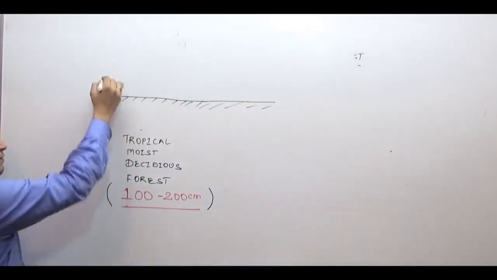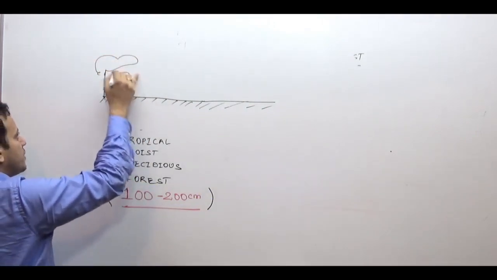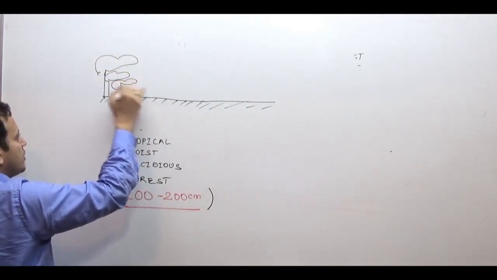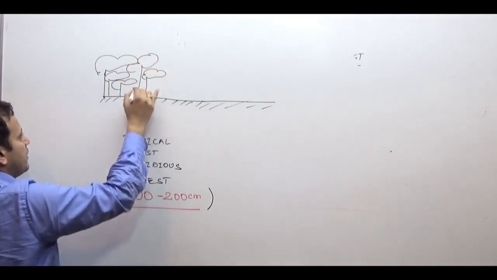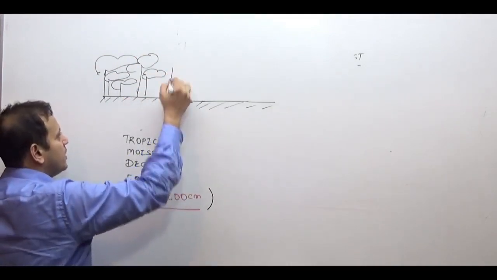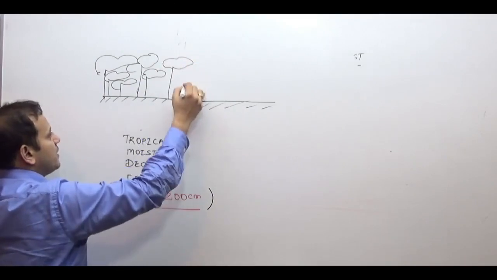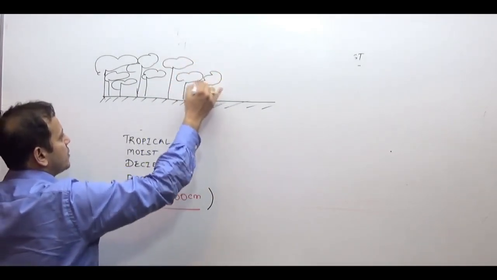In the regions of very heavy rainfall, you will have tropical evergreen forest, an extremely dense forest having a variety of species, having a well stratified layer. After that it will be tropical semi evergreen, that is a mixture of evergreen and deciduous forest.